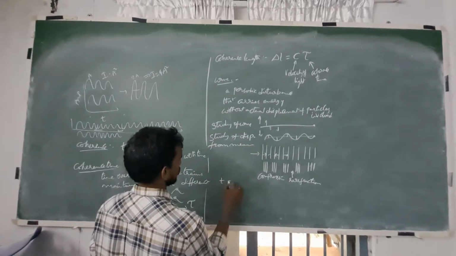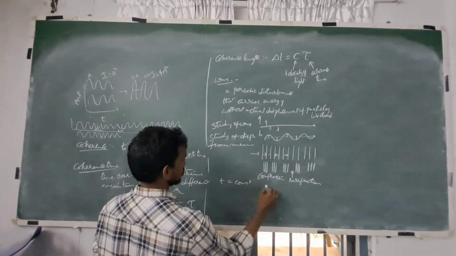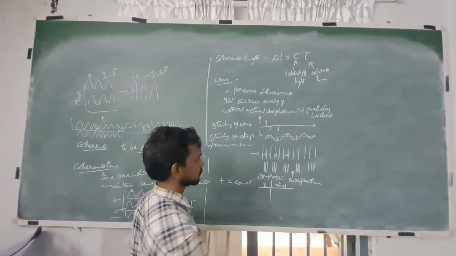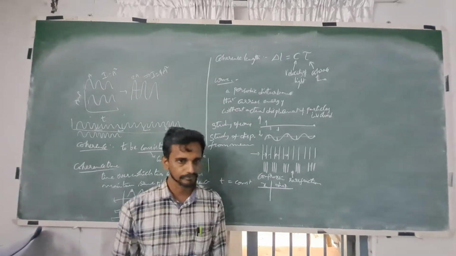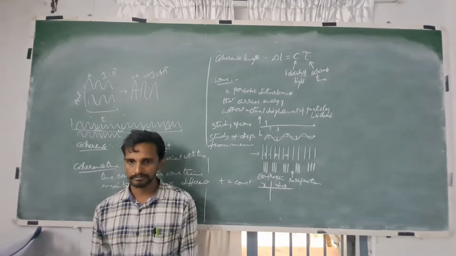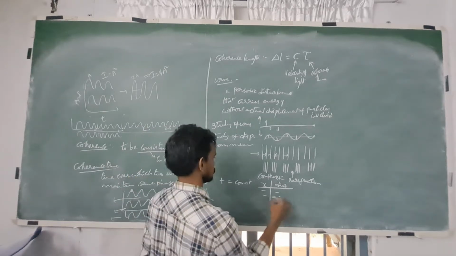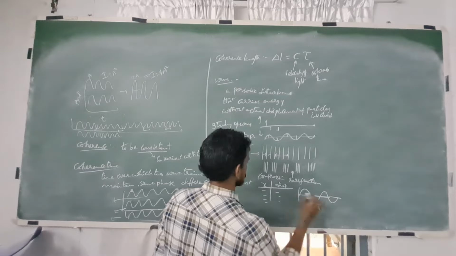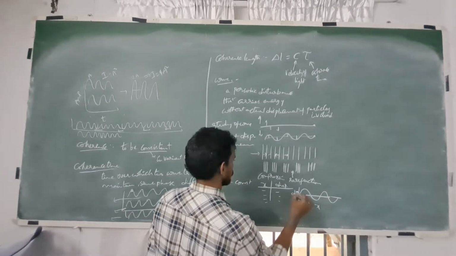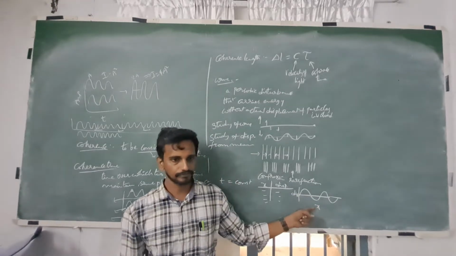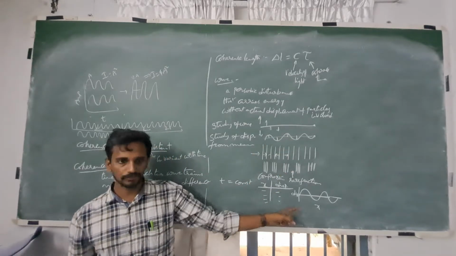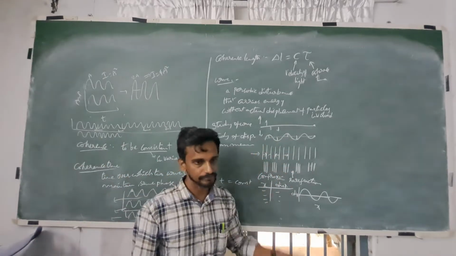So I keep t constant and collect the data of displacement as a function of space. I get a graph. This is our original situation. This is a graph as a function of space at a particular time.